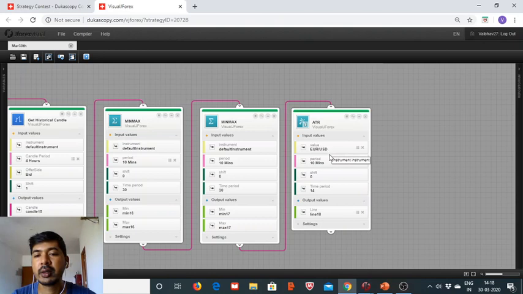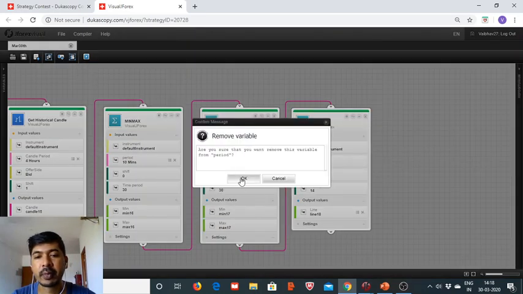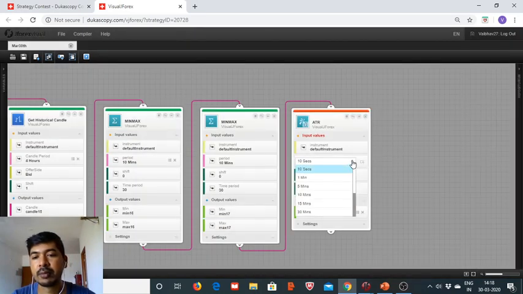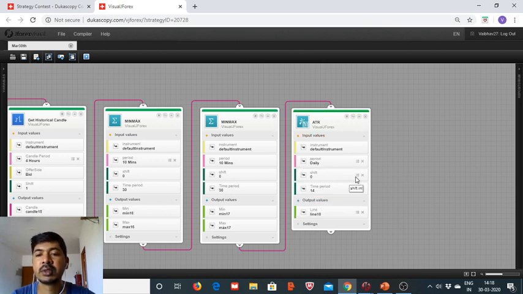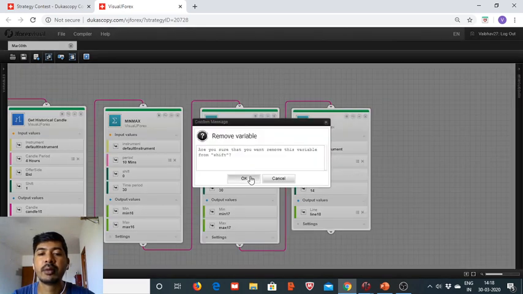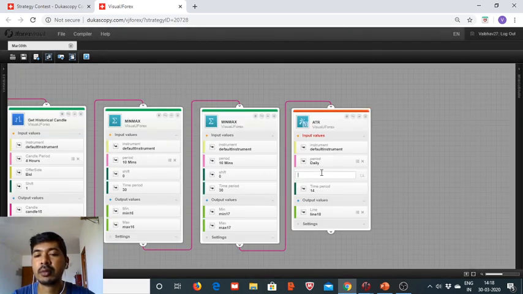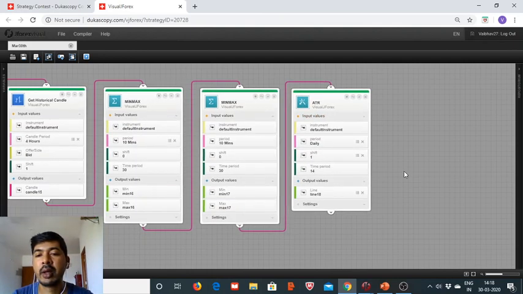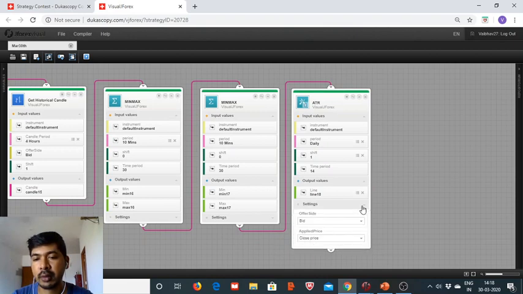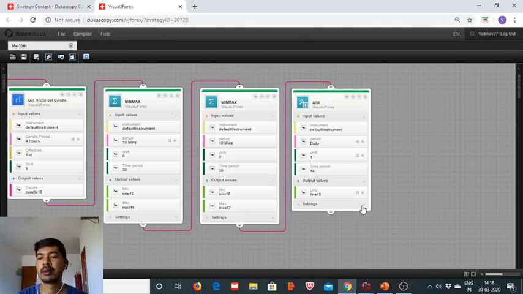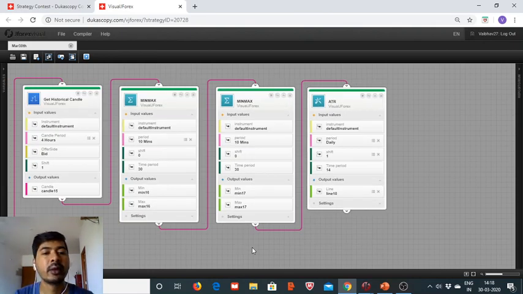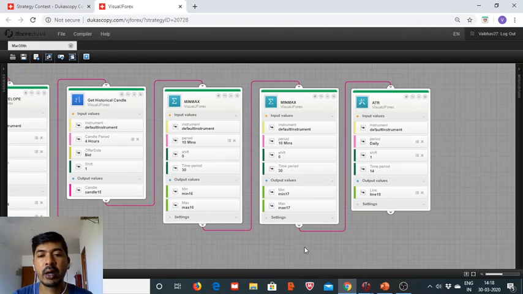We will be utilizing the daily time frame. Shift will be 1. And yes, it is good on the bid and the closing price. So that looks fine.